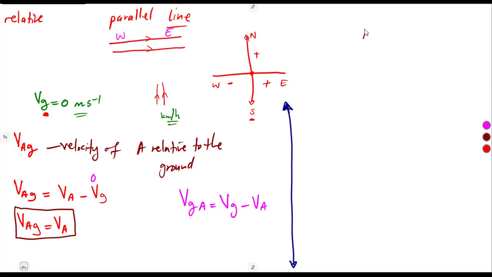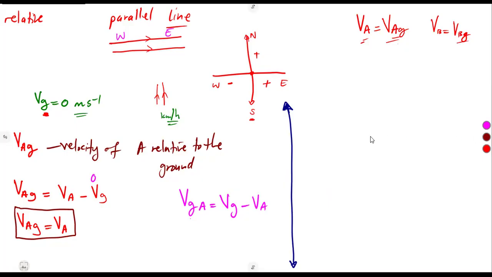Remember when we referred to the initial part where we started about A, we said this is the actual velocity, which is A with respect to the ground. Wherever we see VA, it is with respect to the ground. Same with VB: whenever we see it, we are seeing B with respect to the ground. It's the actual velocity.